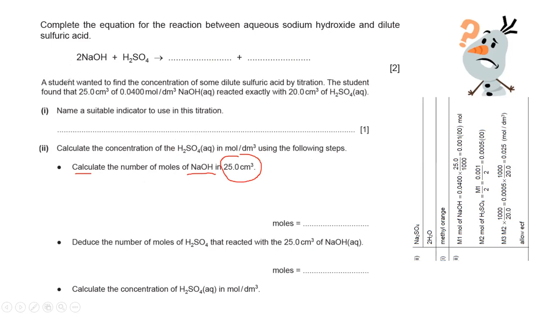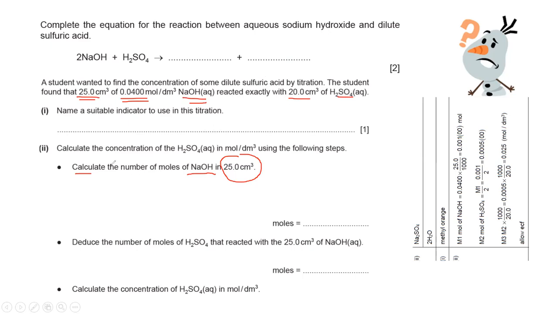If you read the question, a student wants to find the concentration of some dilute sulfuric acid by titration. Titration is a technique by which we find the concentration of different substances. The student found that 25 cm cube of 0.04 mole per dm cube sodium hydroxide reacted with 25 cm cube of H2SO4, or sulfuric acid.